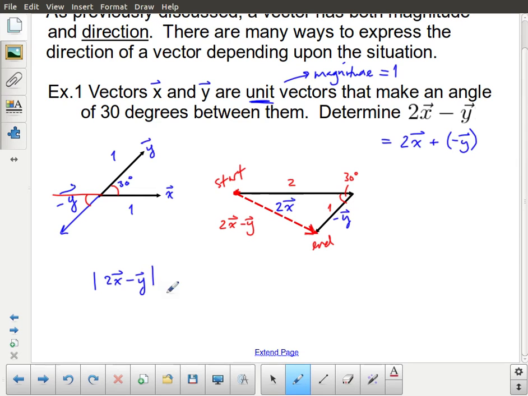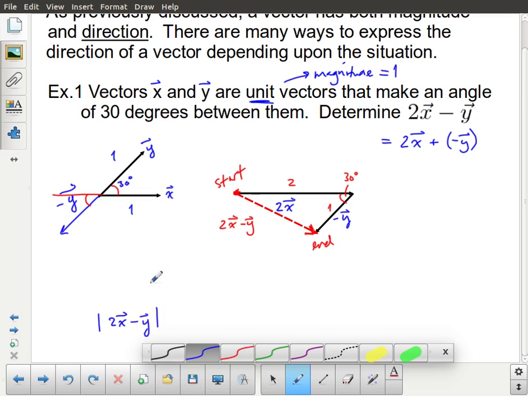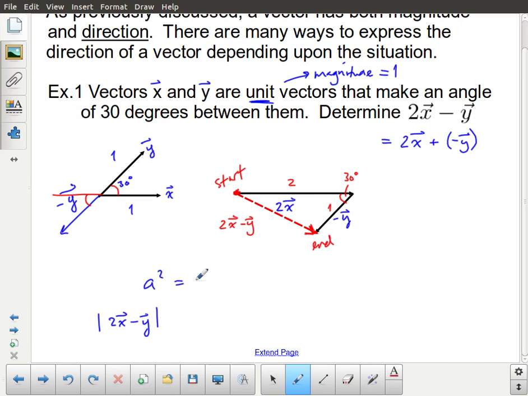That's the first thing I need to do. And the way I'm going to do that is using the cosine law. I'm just going to remind you of how the cosine law is written. It says that a squared is equal to b squared plus c squared minus 2bc cosine of the angle A.